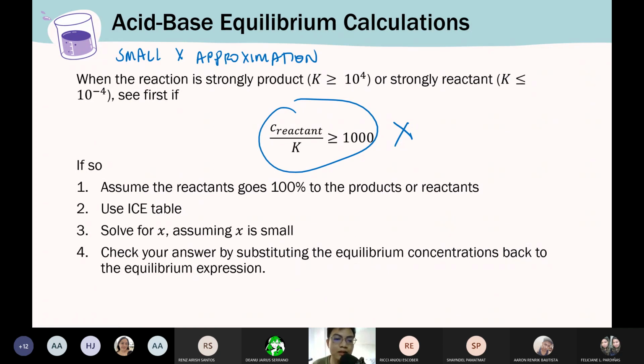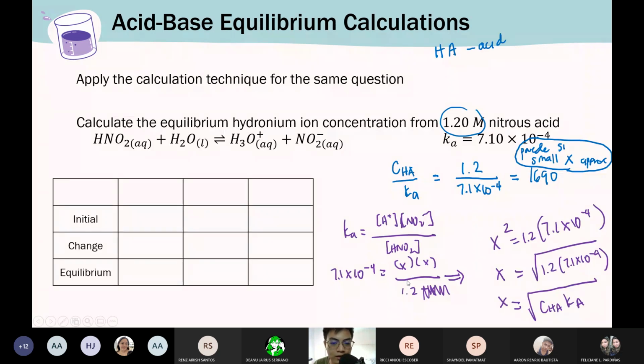Whenever you meet this criteria, the ratio of acid and the K is greater than 1,000, you can just simply omit the minus x term in the denominator. And then by omitting the minus x term in the denominator, the x can be calculated as the square root of the concentration of the acid times the Ka, or square root of tsaka.